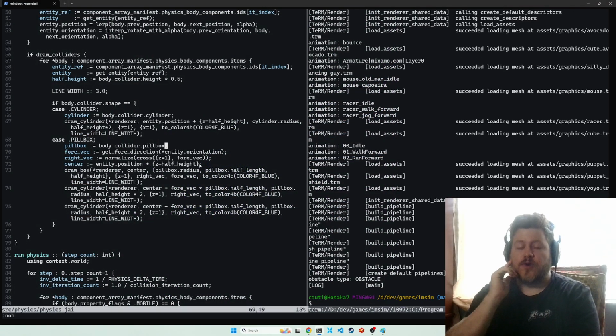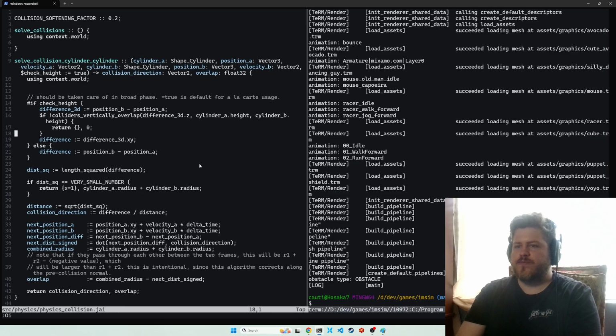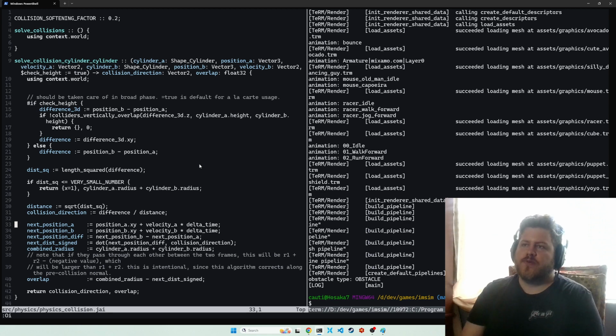So now I just need to write the solver for this new collider type. So, physics collision, right here. Okay. I'm also going to need to add more information to the solver. So right now it only tells you how much of an overlap in the direction of the hit. I'll probably want to add more than that, but for now I will just make this next procedure do the same exact thing.